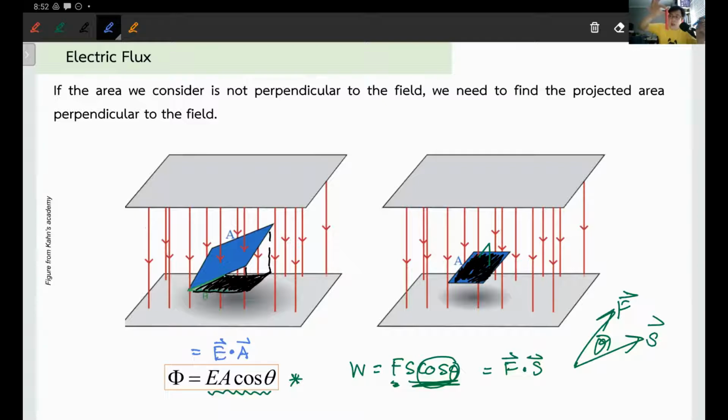However, what we are going to learn in this lecture, we always talk about the closed surface. What does it mean by closed surface? So let me bring in a box. Let me do a green box here. If I have a box, this is a closed surface.